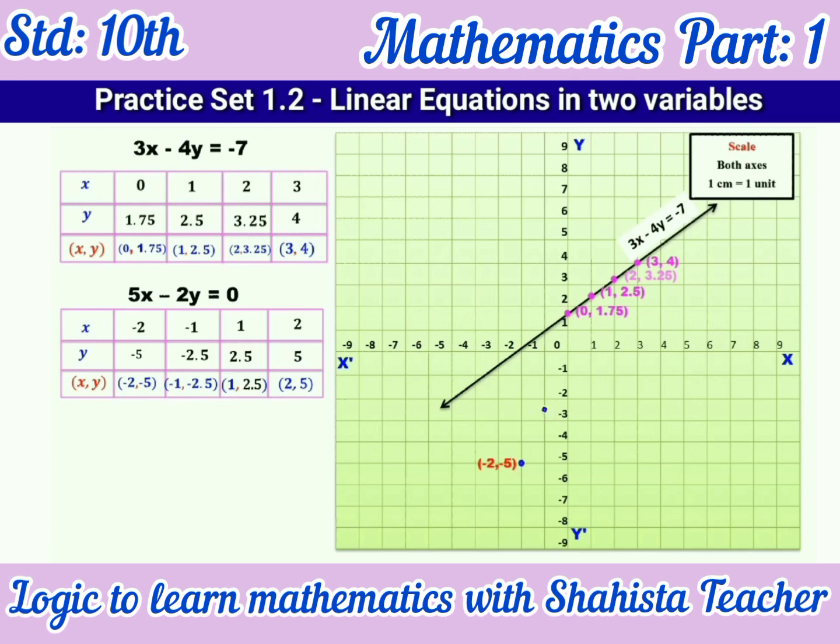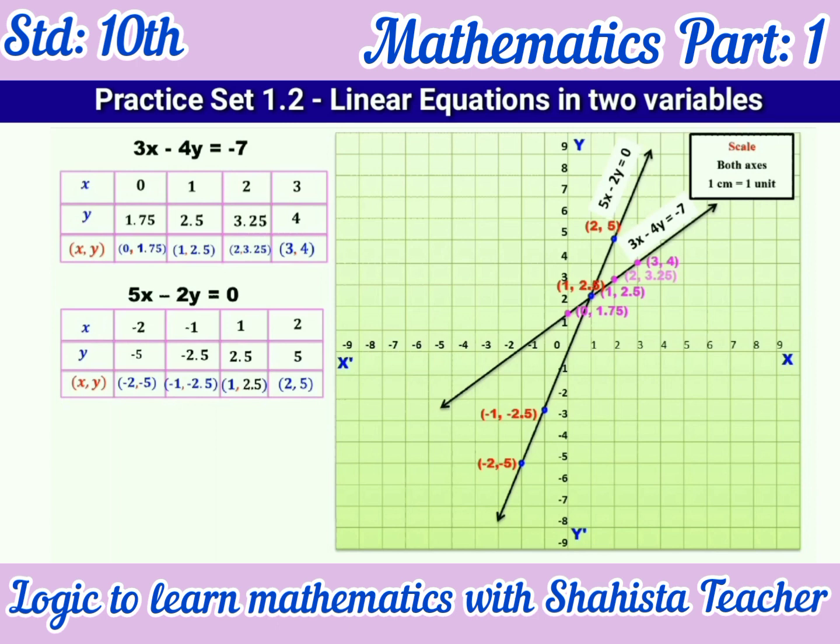In between minus 2 and minus 3 we will take minus 1 and minus 2.5. After this, on the positive side, 1 and 2.5, and 2 and 5. Blue color dot, above side, x-axis 2 and y-axis 5. Draw all these 4 blue dots by drawing a line. Now give the line the name 5x minus 2y is equal to 0.